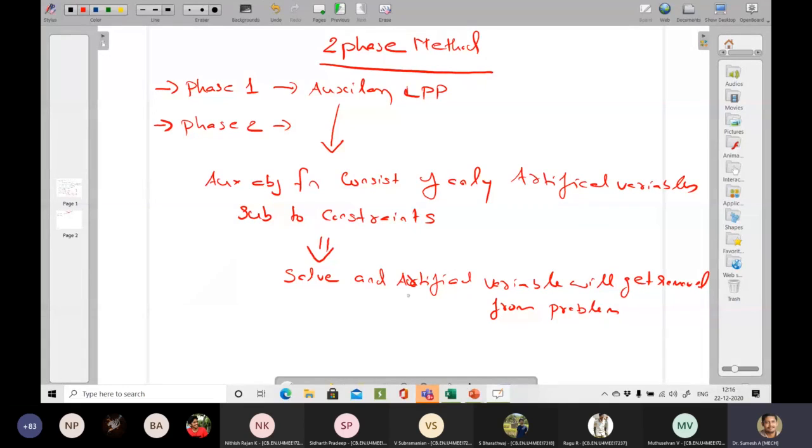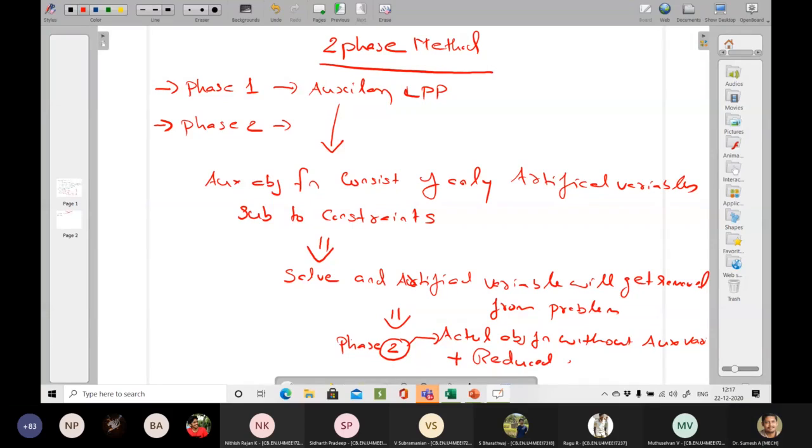Phase 2 will have your actual objective function without the auxiliary variable, or without your artificial variable, plus the reduced constraints from phase 1.